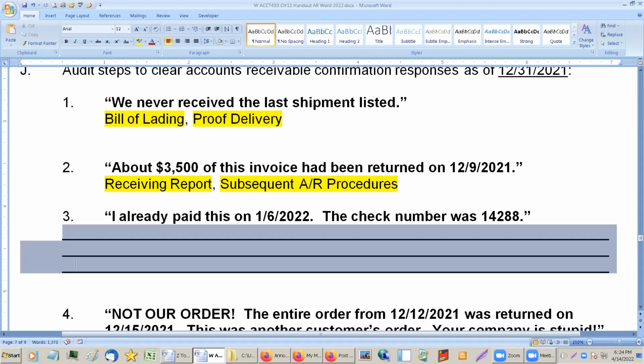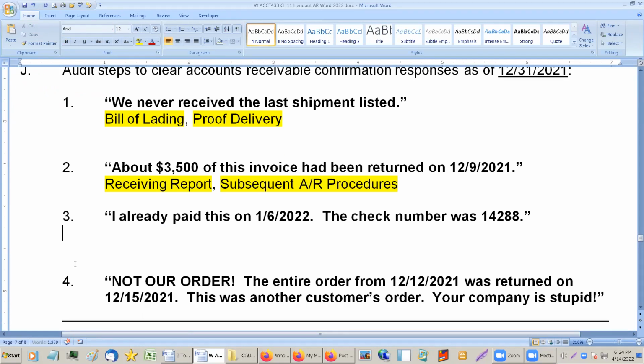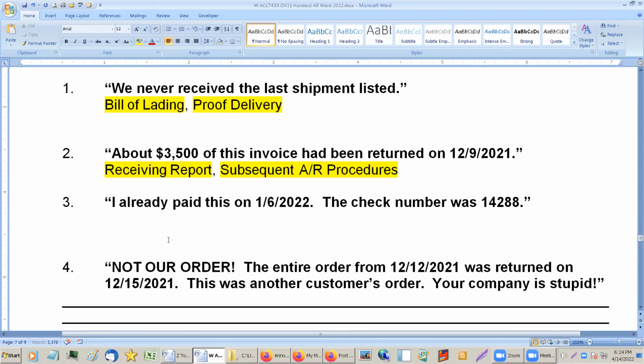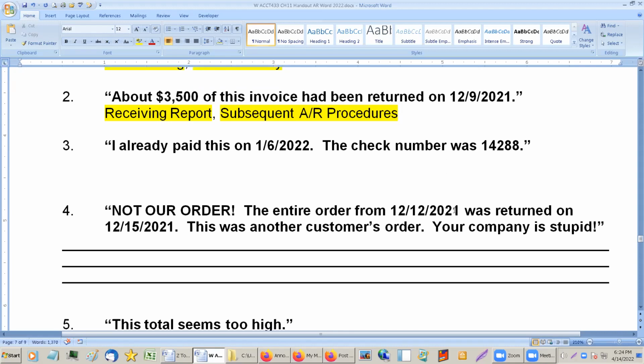This one's a funny one, number 3. I already paid this on 1/6/2022. The check number was 14288.